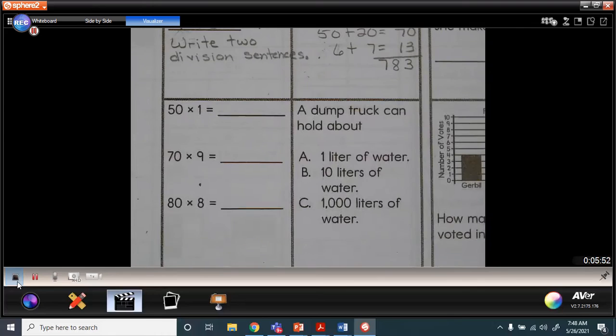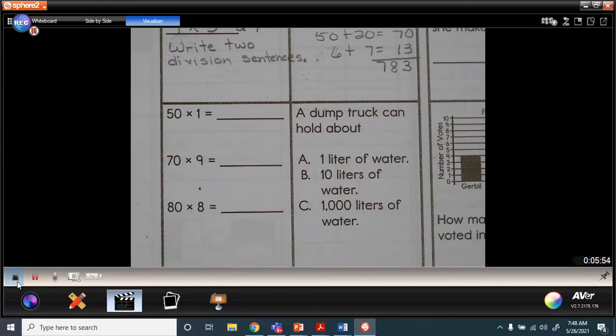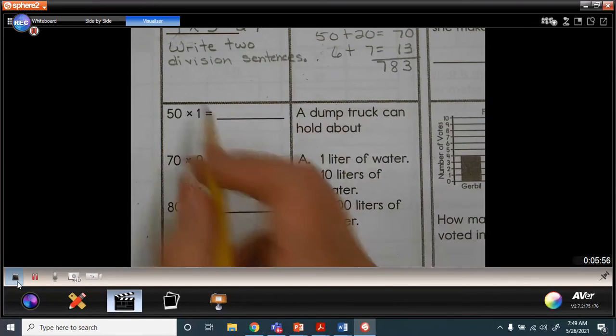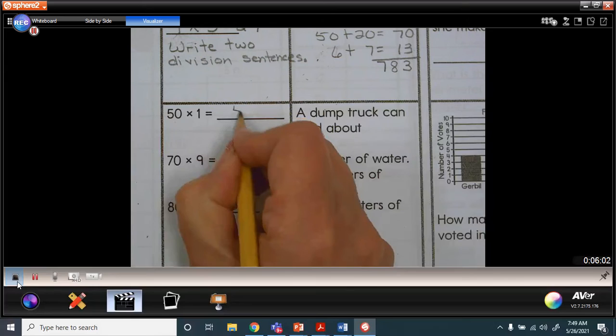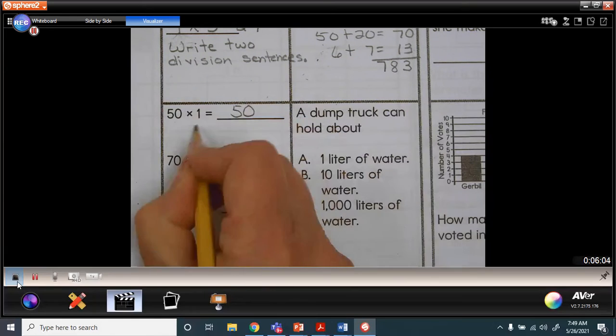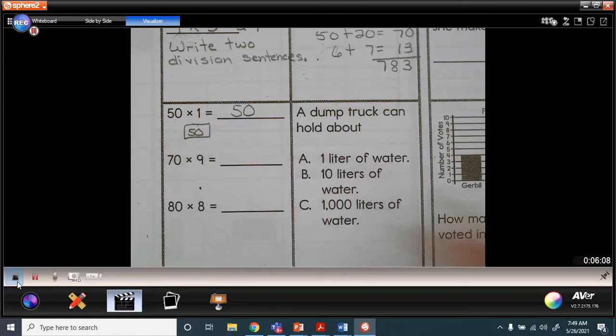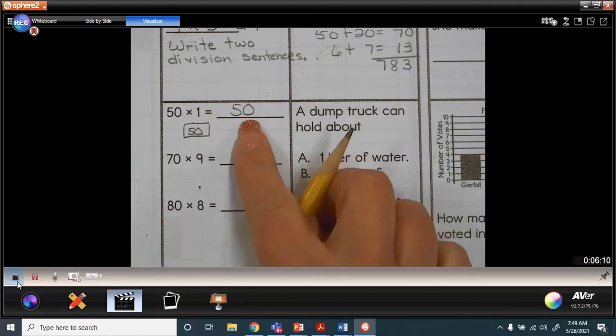Our next set of problems are multiplying by a multiple of 10. So one group of 50 is going to be 50, because if I have a group and it has 50 objects in it, then those 50 objects are what are going to be my total objects.